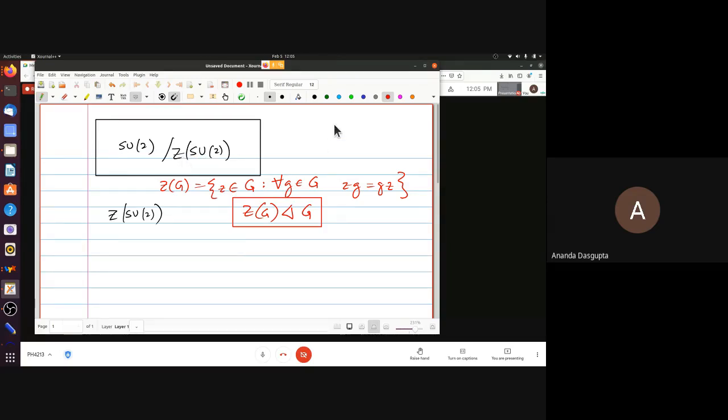By the way, I should perhaps clarify this. I have actually kept on saying that when you do G by N, that's the quotient group, of course. But I have perhaps been guilty of also saying that this quotienting operation makes sense only when N is a normal subgroup. Strictly speaking, that's not true. You can always do this for any group G. You can always do G by H, which by definition would be the set of all cosets gH.